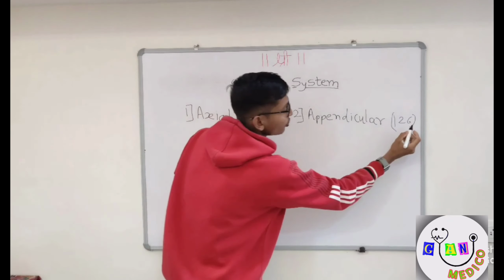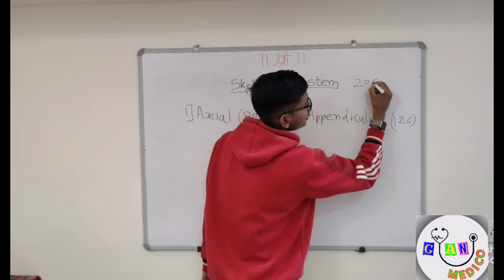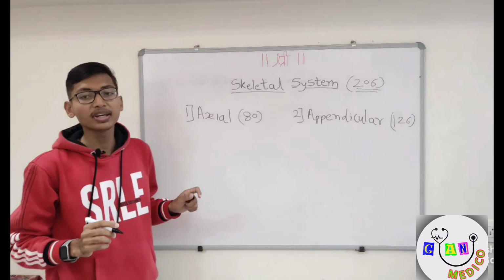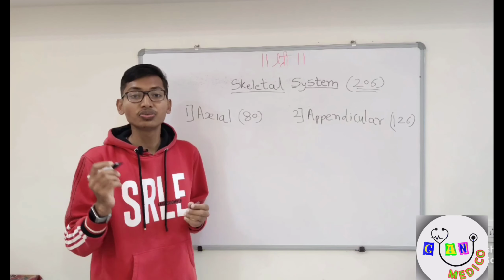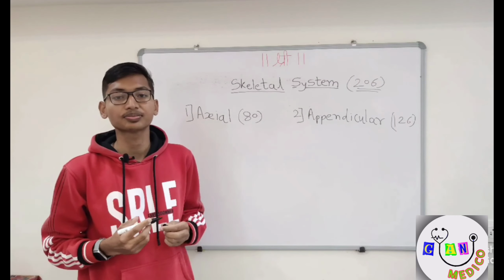So 80 plus 126, total 206 bones. There are typically 270 bones in a human infant, which fuse to form 206 in the human adult.